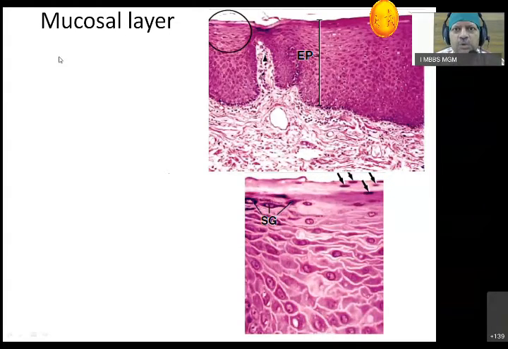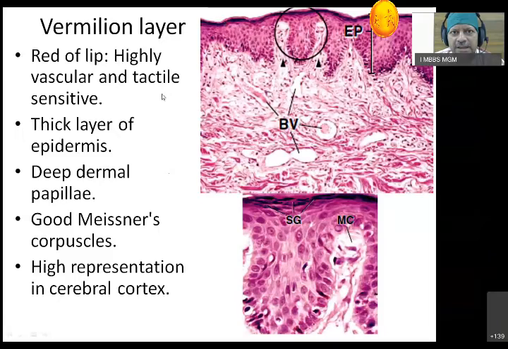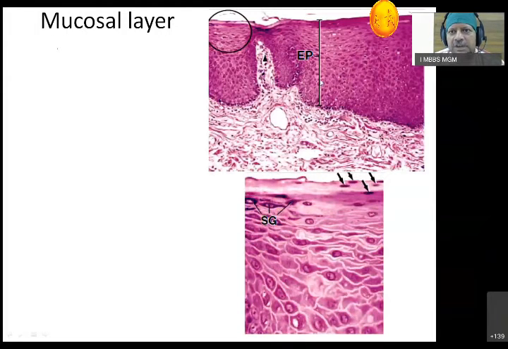Then the mucosal layer. See what happened. Here the epidermis is thinner, and at the vermilion border also it is thinner, but as I go to the mucosa, the epidermis becomes much thicker. But what is going to be lost? See here the region is shown. In the vermilion border, I have seen the stratum granulosum. As soon as I enter the mucosa, the stratum granulosum disappears on the inner side of the lip.